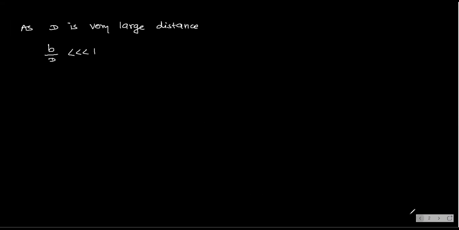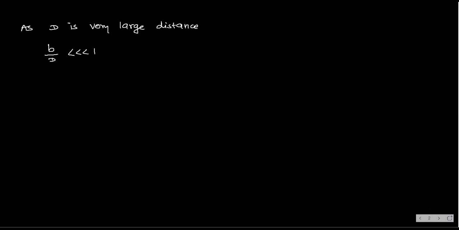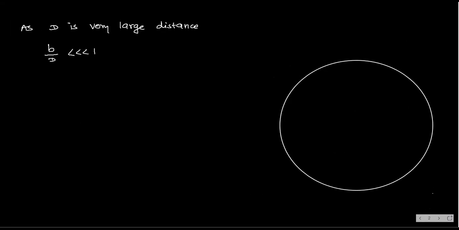Then whatever this small arc is, it will become like a straight line. For example, I will tell you one thing. See, this is a big circle, okay? And now suppose here it is the center, and from this, if you are considering a very small angle, see here, this angle.